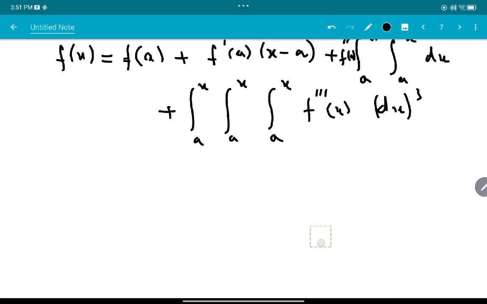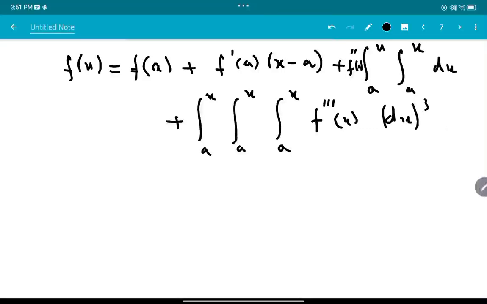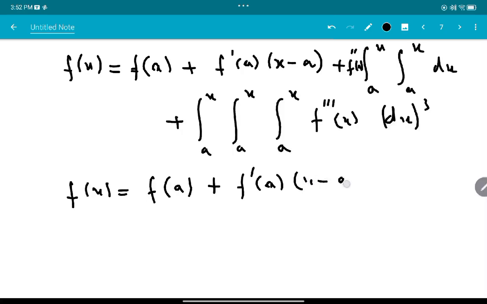Now, looking at this, you will integrate dx. The problem is like this. You have f x is equal to f a plus f dash a x minus a plus f double dash a.